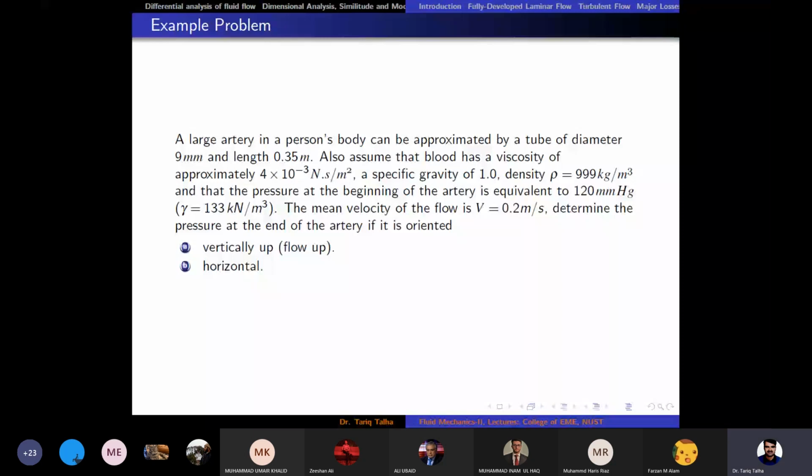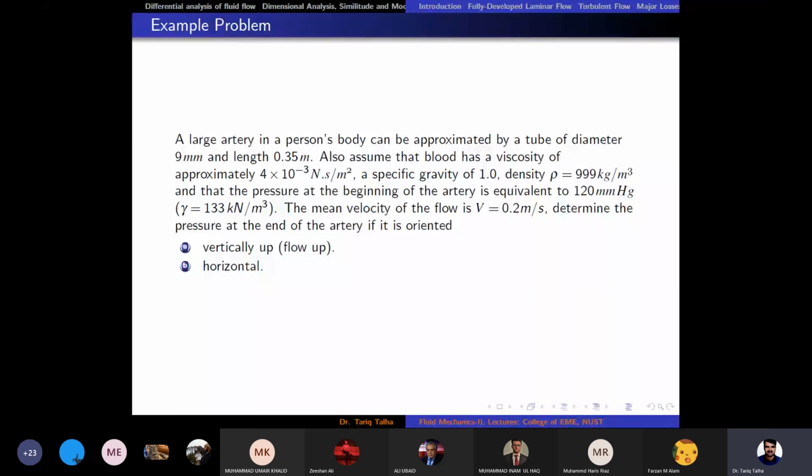So the first problem here is a numerical example. A large artery in a person's body can be approximated by a tube of diameter 9 mm and length 0.35 meters.